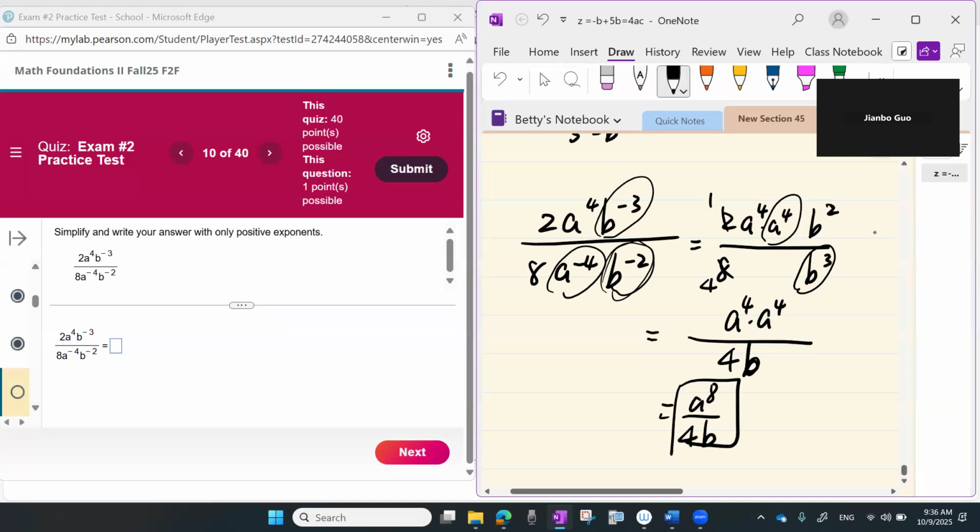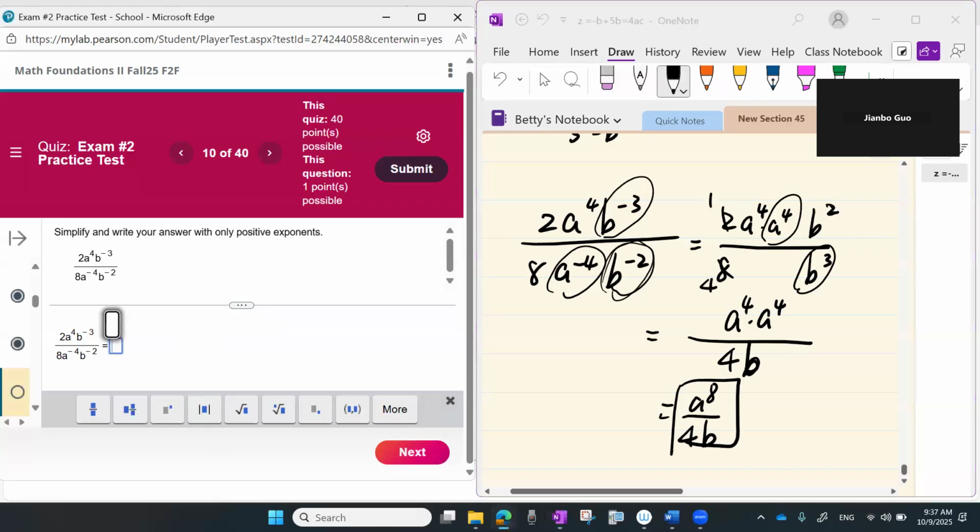Okay? Yeah, let's double check. So we have a to the 8 on the top. We have a 4b on the bottom. Yeah, that's the answer. The answer is a quotient. Numerator is a to the power of 8. Denominator is 4b.